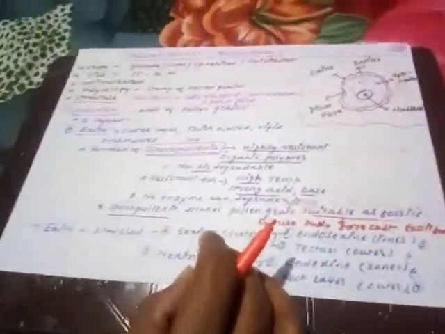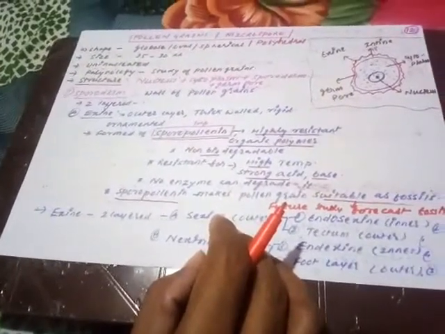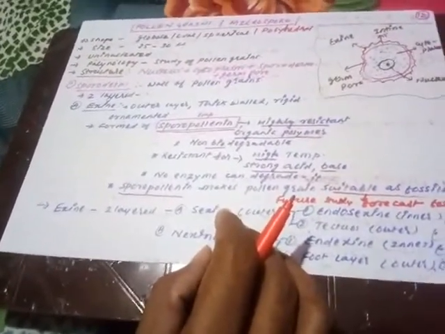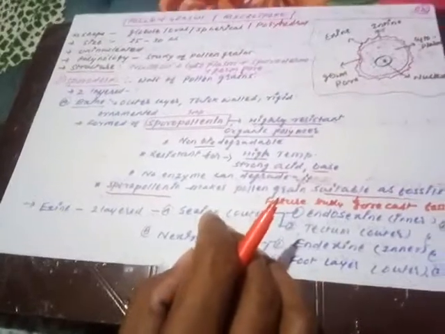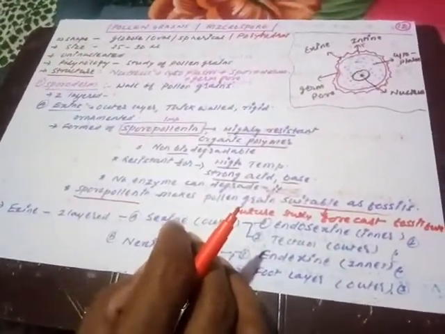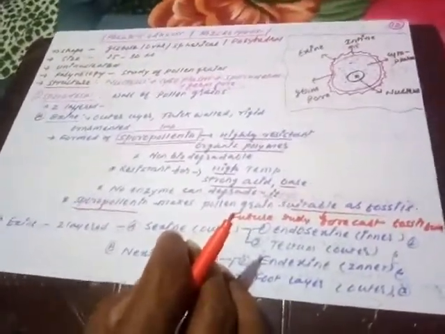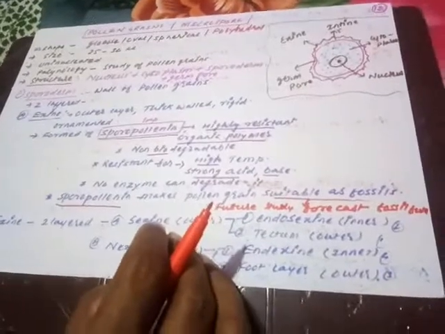The sporoderm is the wall of the pollen grain, which is two-layered. The outer layer is called exine, which is thick-walled, ornamented, rigid, and tough. It is variously modified, and this ornamentation forms the basis of taxonomy also.